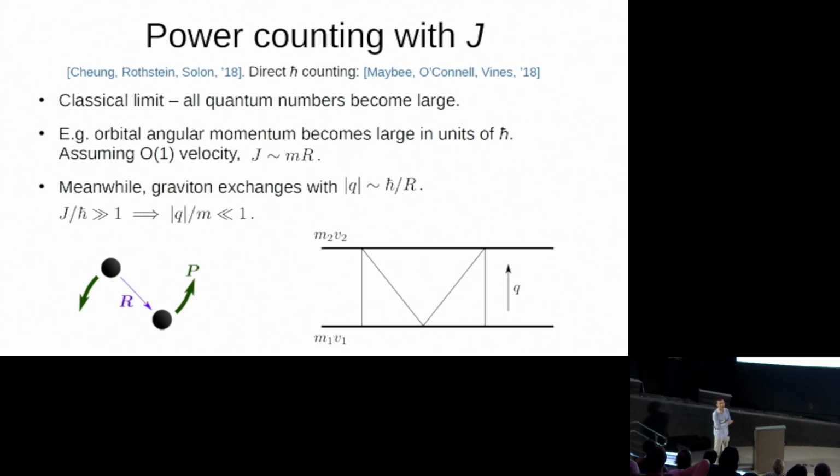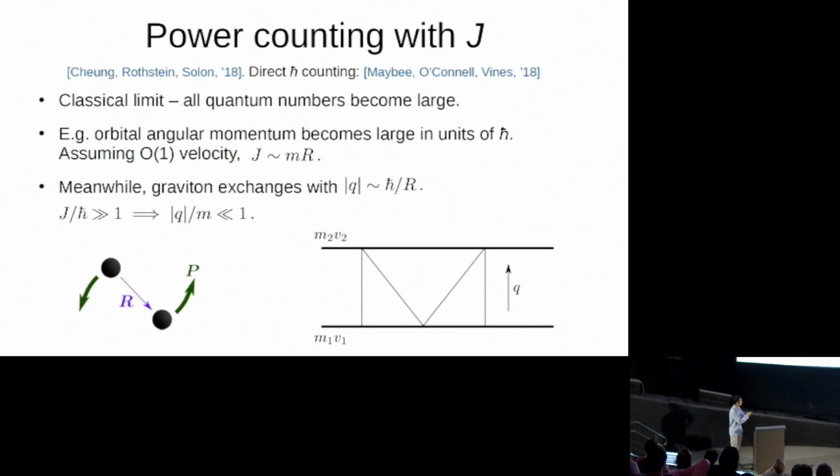It's an observation that in the classical limit, we have the correspondence limit, i.e. all the quantum numbers must become large. For example, this orbital angular momentum must be large in the units of h-bar. And assuming order 1 velocity, the momentum is similar to m. So the orbital angular momentum is similar to m times the radial separation r.